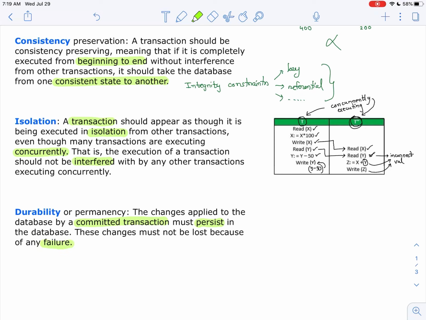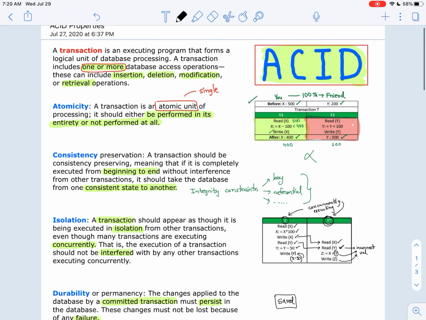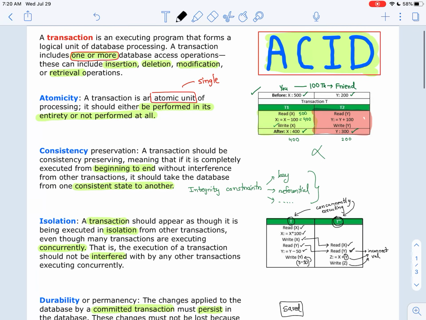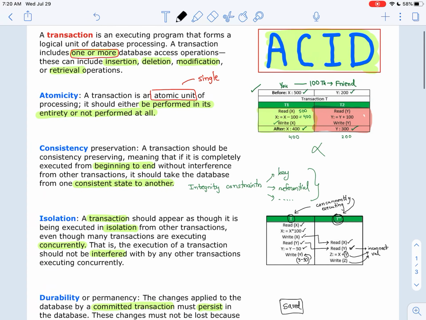Suppose you complete a transaction and commit it into a database, the values that you have written should be permanently saved. Even if there is a power failure, those values must not be lost. That is what durability means. So in short, this was a look at ACID properties.